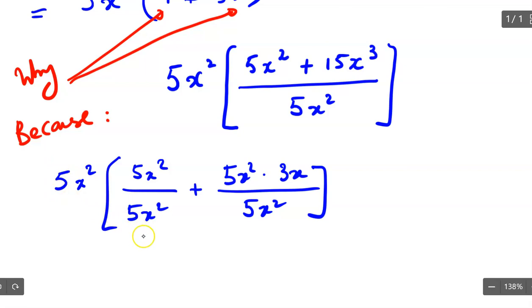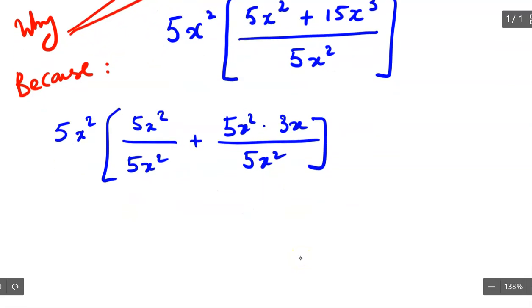So you need to divide your common factor into each of the terms inside the brackets. So now you see when you divide each of the terms inside the brackets, you end up with, what is it here? So isn't that cancel out, give you 1? And then this one cancel with this, give you 3x.